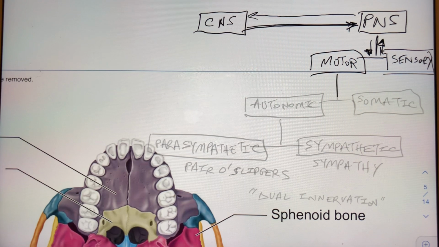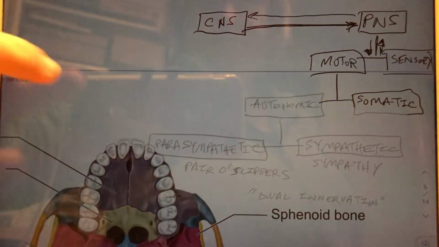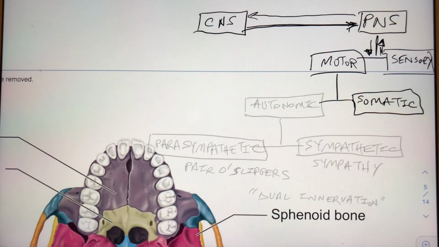Our motor nervous system is further divided into somatic, which is the pathway that innervates our skeletal muscles, and autonomic, which is the pathway that innervates our glands, our smooth muscle, and our cardiac muscle.